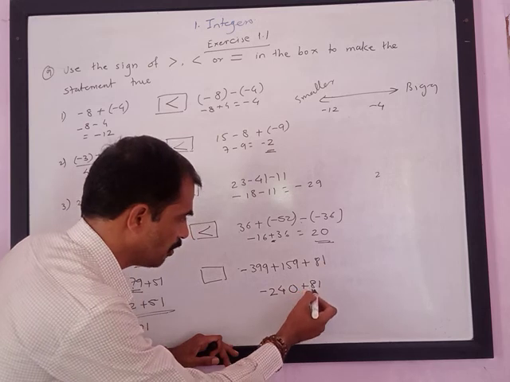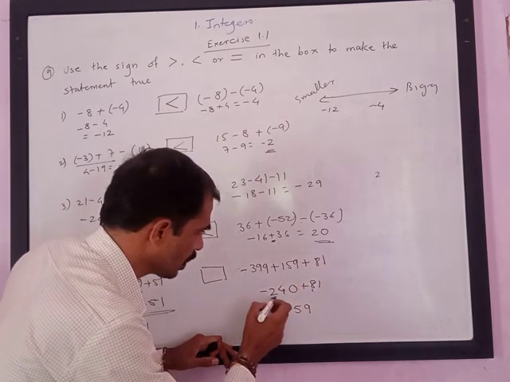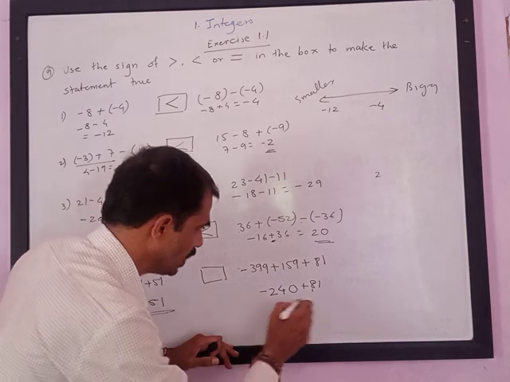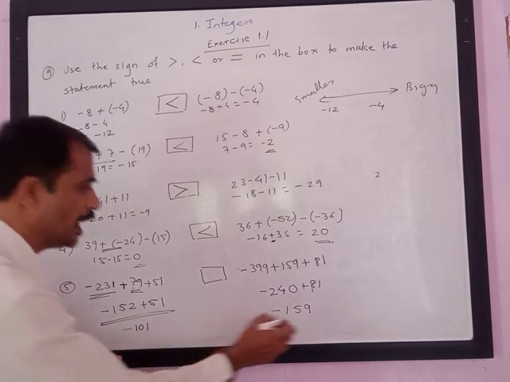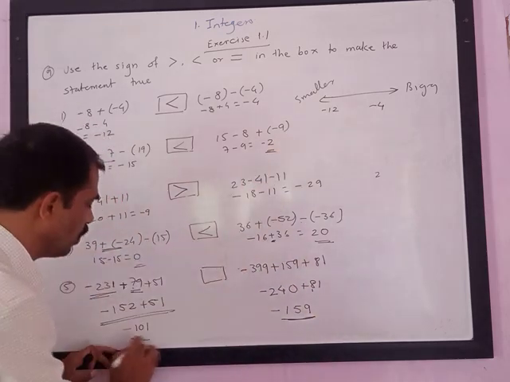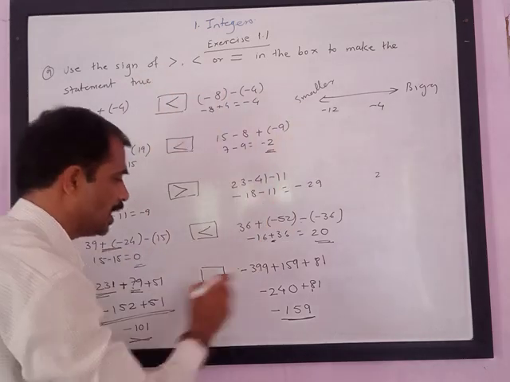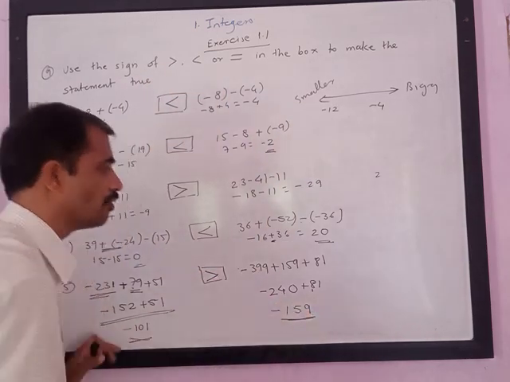So you will have 9. 14 minus 9 is 5, and 159. This will have again negative sign. Please note, negative 159 will be to the left side on the number line and negative 101 will be to the right side. Hence, negative 101 is greater than negative 159.